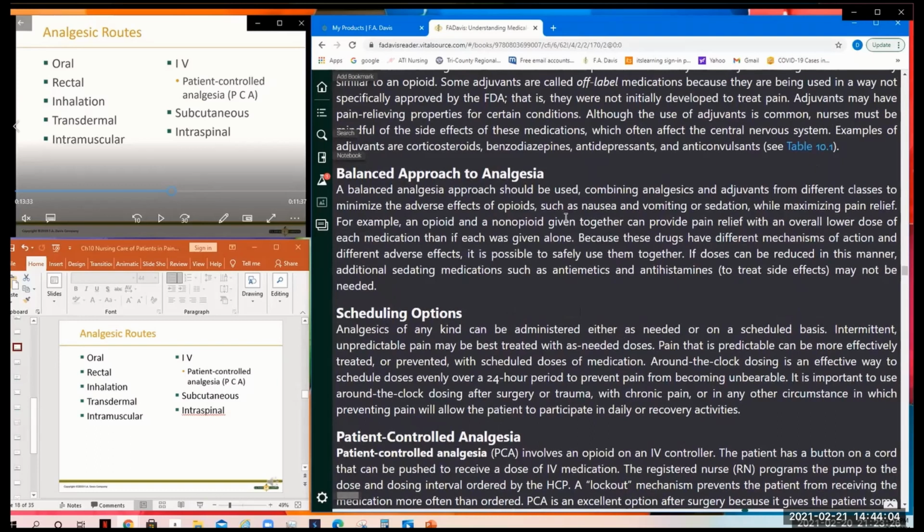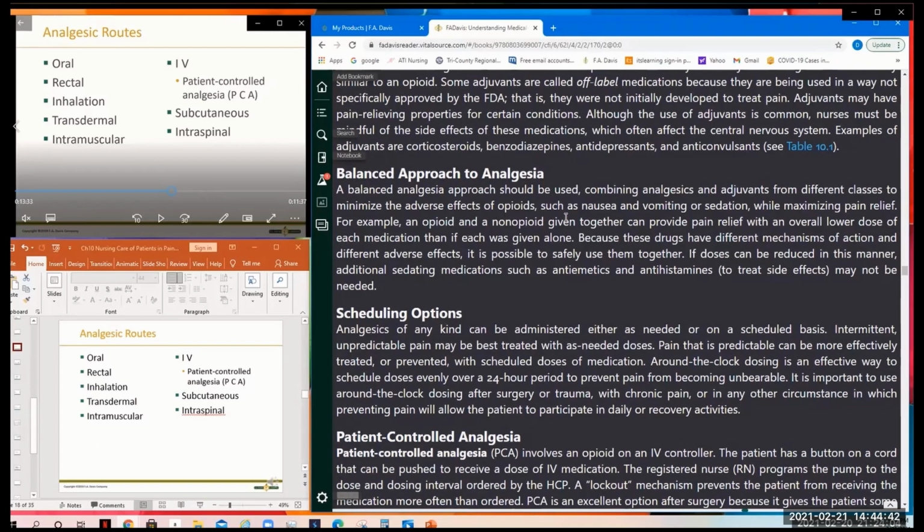For example, an opioid and a non-opioid given together can provide pain relief with an overall lower dose of each medication than if it was given alone. Because these drugs have different mechanisms of action and different adverse effects, it is possible to safely use them together. If doses can be reduced in this manner, additional sedating medications such as antiemetics and antihistamines to treat side effects may not be needed.